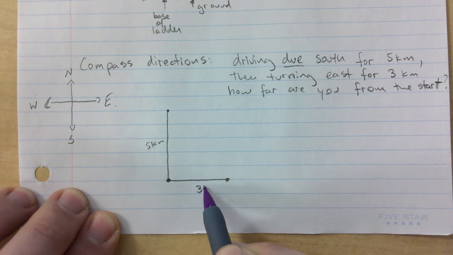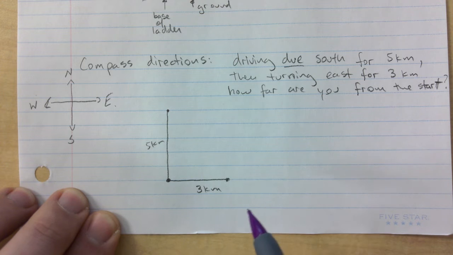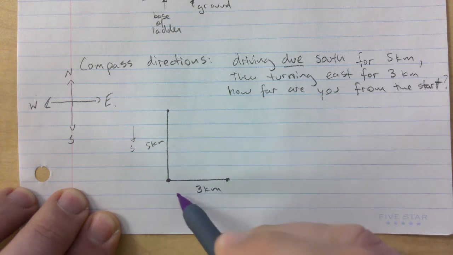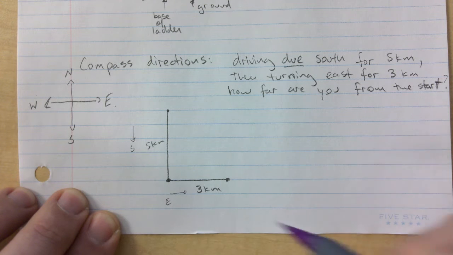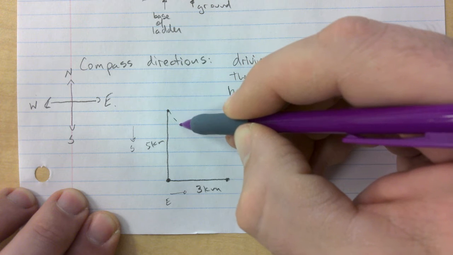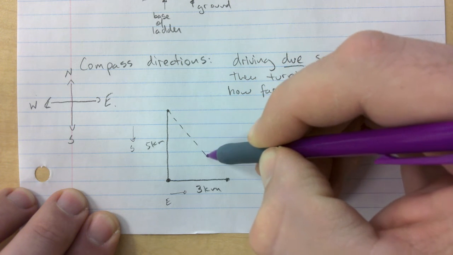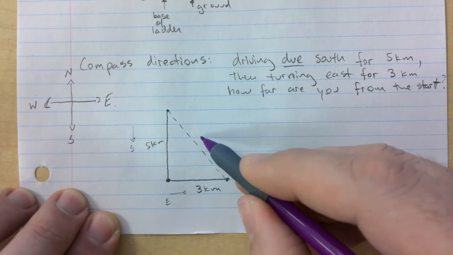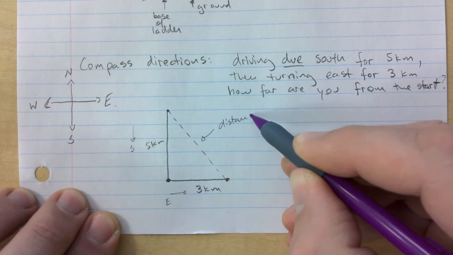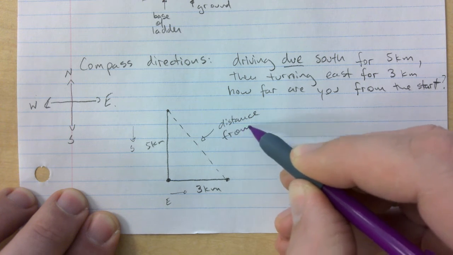That's 3 kilometers. So due south, and then you went east. And now you can ask the question, how far is the distance from the starting point?